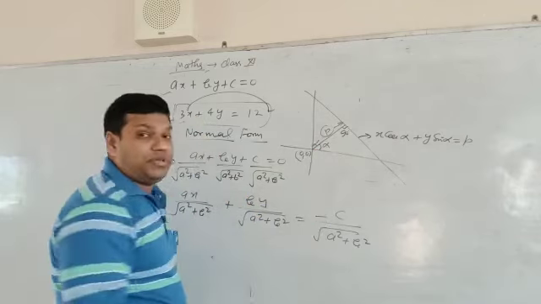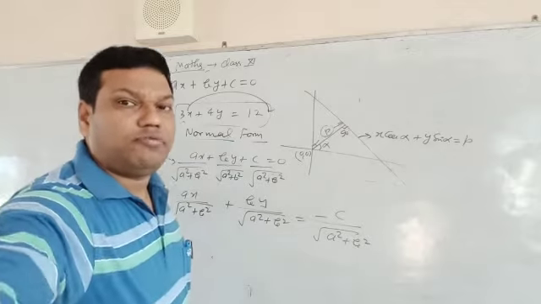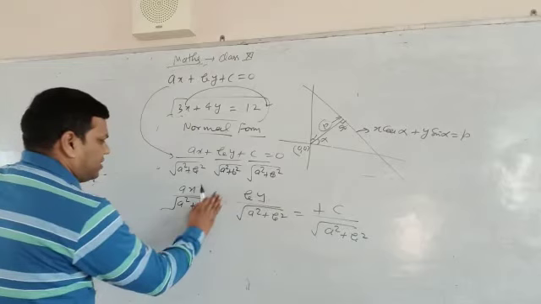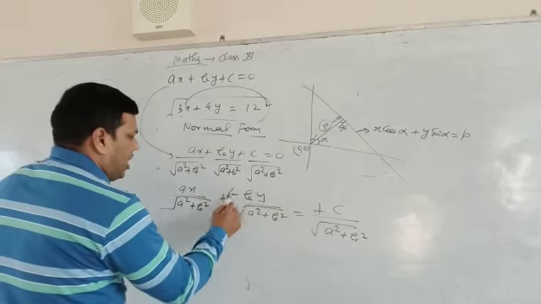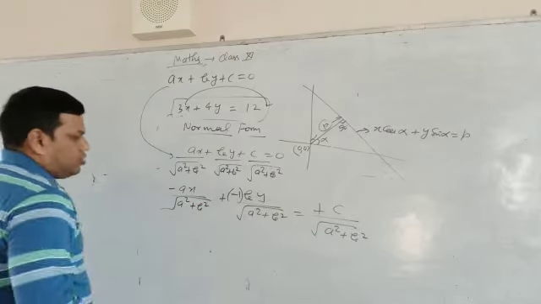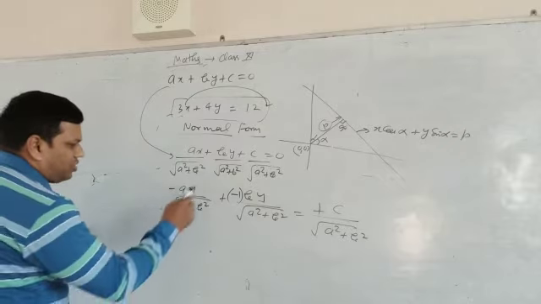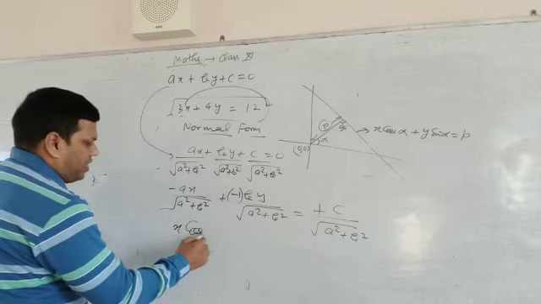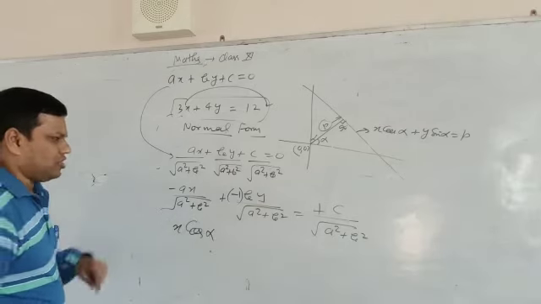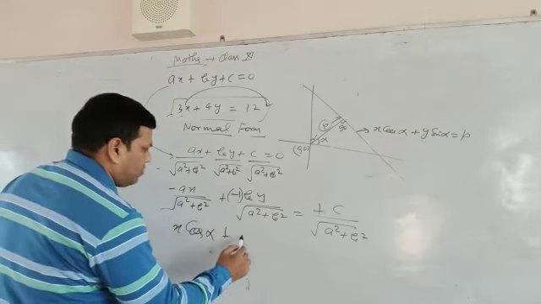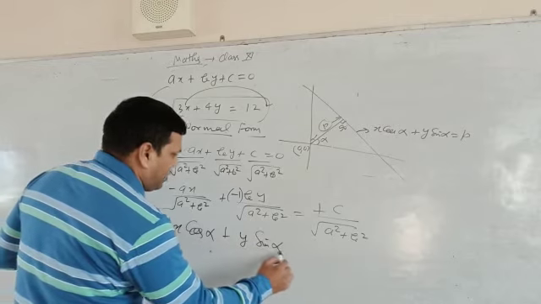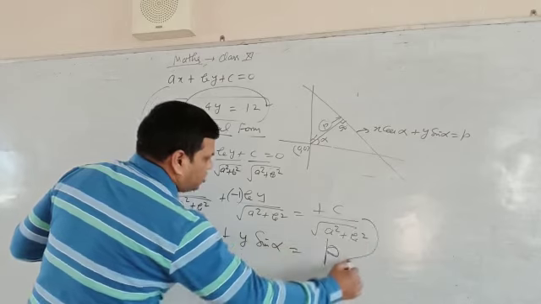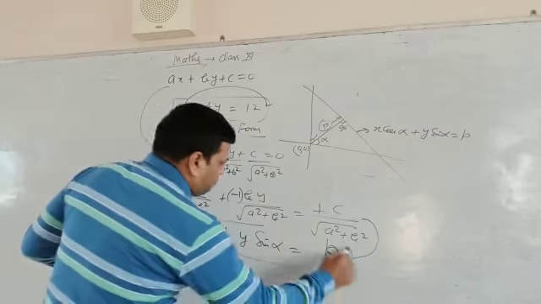But this cannot be negative, so you have to multiply by a minus sign everywhere. Then you can compare it and find what is x cos alpha and what is y sin alpha, and the right side is called p. You can change it like that.